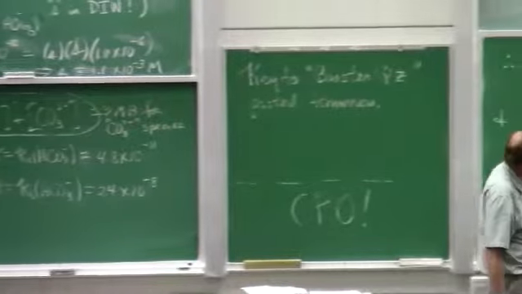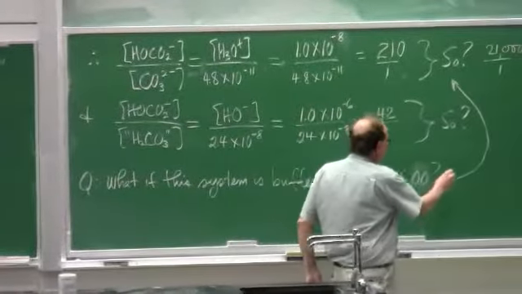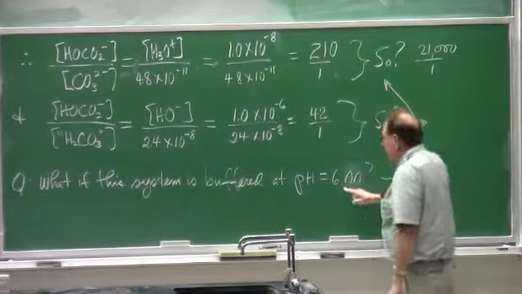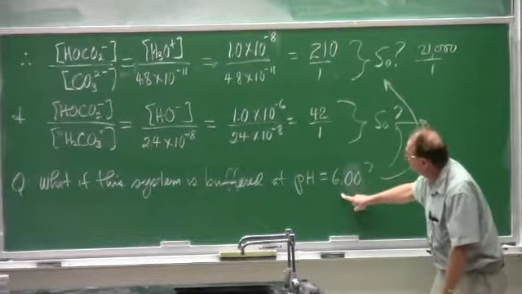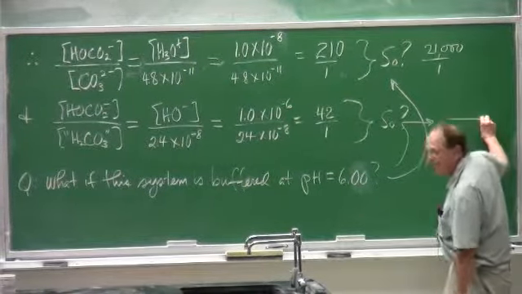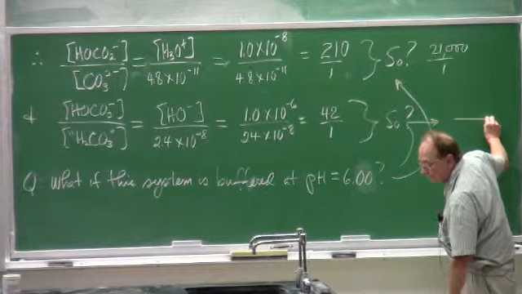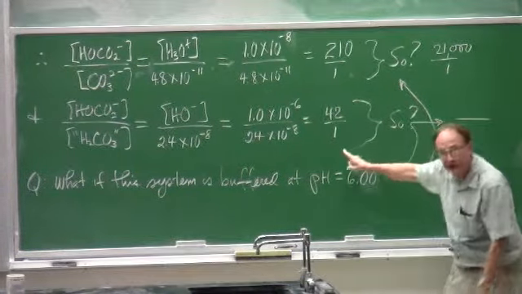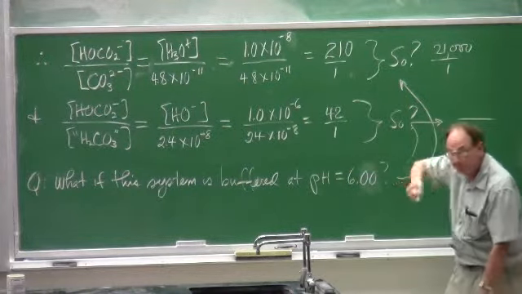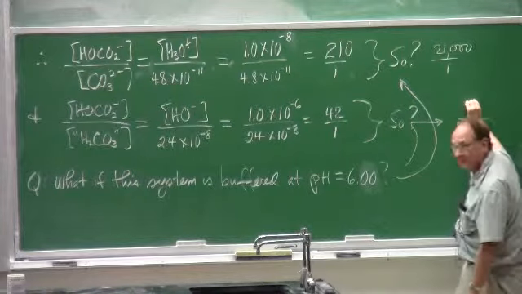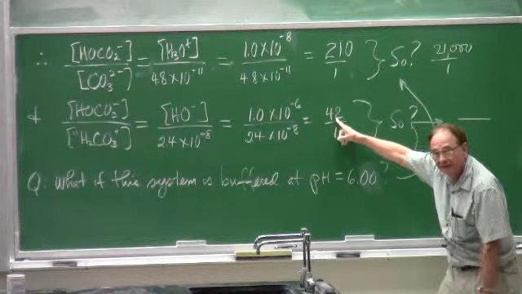So let's look at this ratio now. What is this ratio at pH 6? I'm going to leave the 1 on the bottom. Then we'll put down what you said. What does this number become?